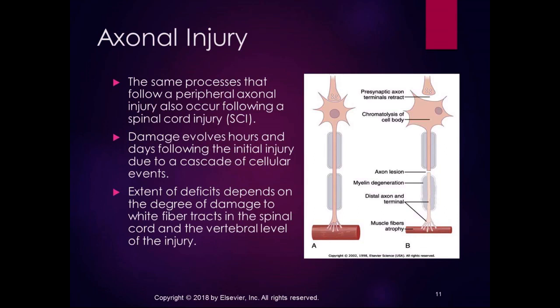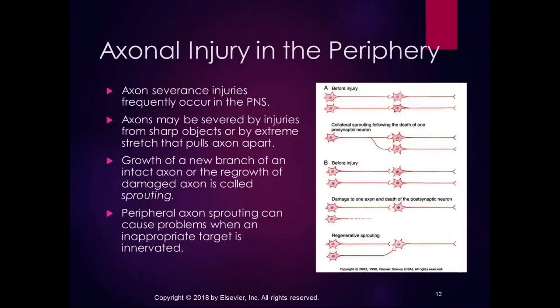When an axon in the peripheral nervous system or central nervous system is severed, the part connected to the cell body is referred to as the proximal segment, and the part isolated from the cell body is called the distal segment. So the extent of the injury has to do with the effects to the different segments of the neuron.